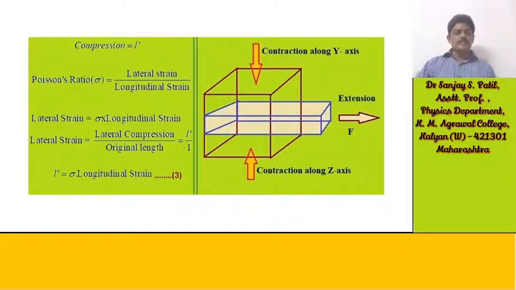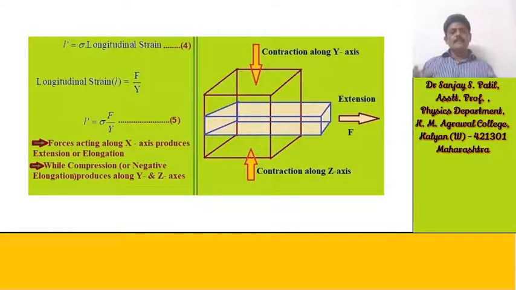So L dash is equal to sigma into longitudinal strain, and this is equation 3. The longitudinal strain, that is small l or elongation, is equal to capital F divided by Y. So L dash is equal to sigma into capital F divided by capital Y, and this is equation 5.